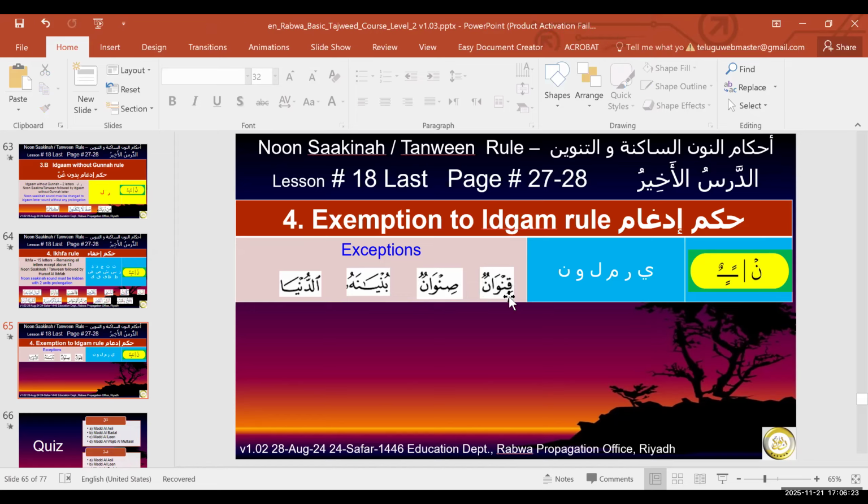Qinwan: nun sakina followed by letter waw should be idgham with gunna, but you are reading it like izhar. Qinwan, sinwan, bunyan, dunya. All these 4 words are exemptions of the idgham rule.